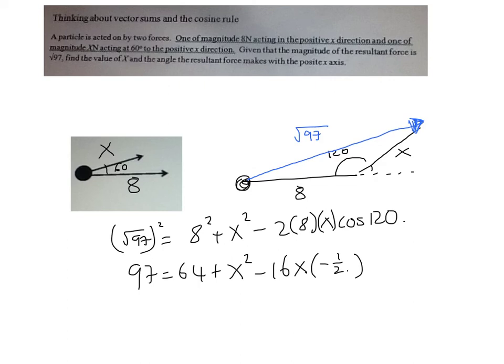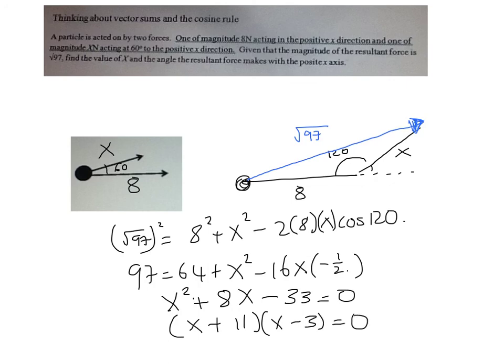Then we can organise this a bit more nicely by putting everything on one side: x squared plus 8x minus 33 equals 0, since 97 minus 64 is 33. Then solving that quadratic, I think I can factorise it: x plus 11, x minus 3. x is 3 or x is minus 11, but x was a magnitude, so it can't be negative, so x is 3 newtons.